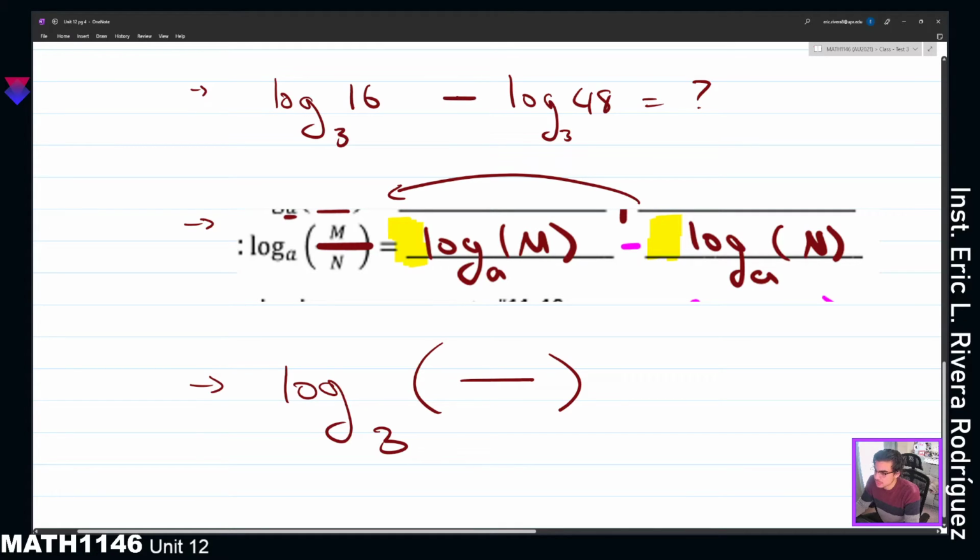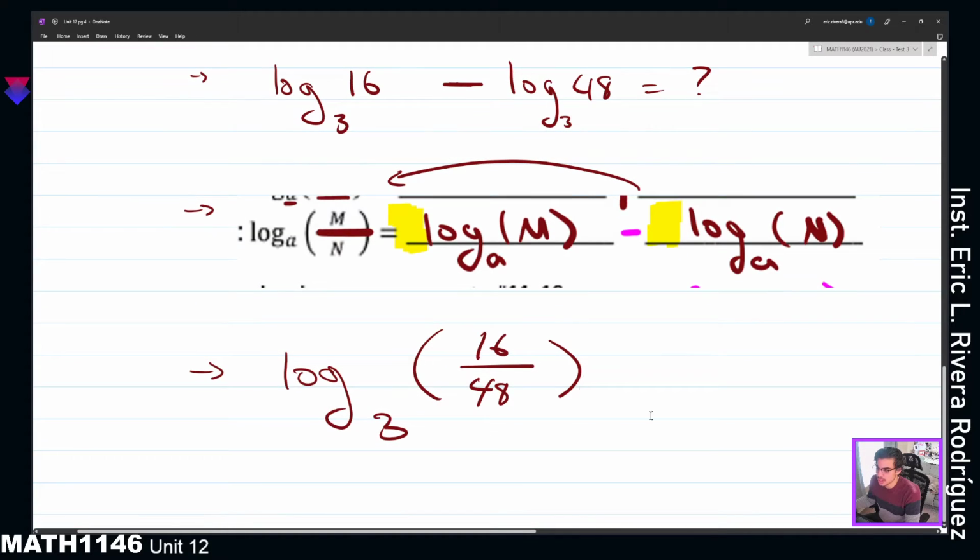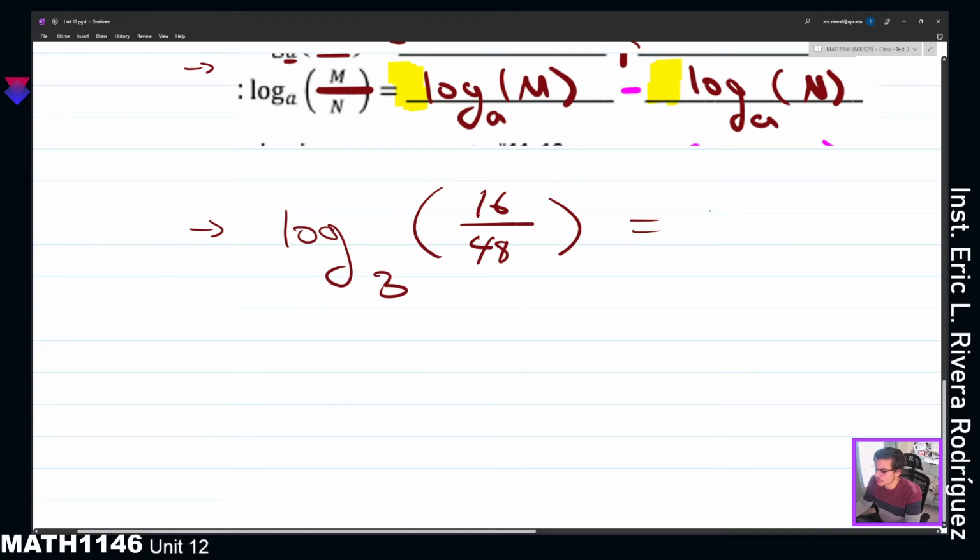By the subtraction, you can see that the second term is the one that is negative. So 48 goes in the denominator and 16 goes into the numerator.